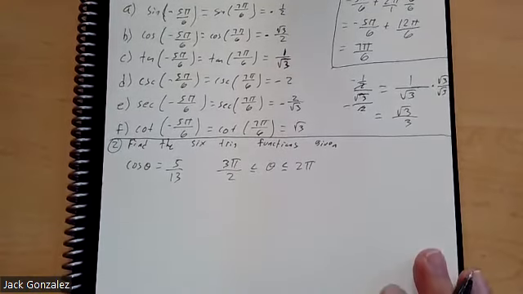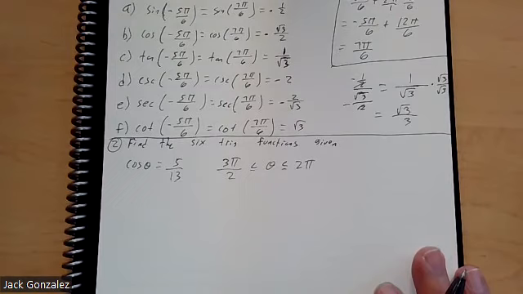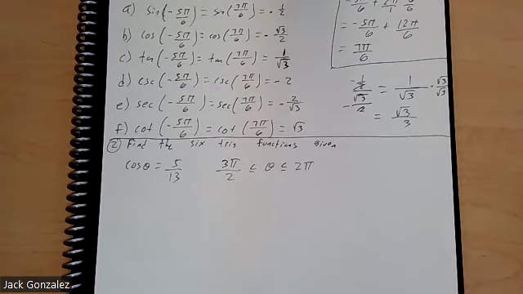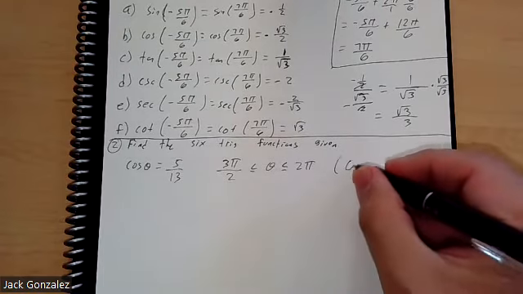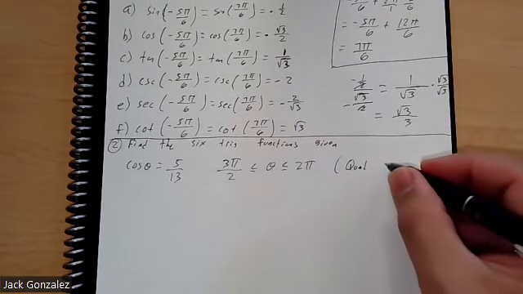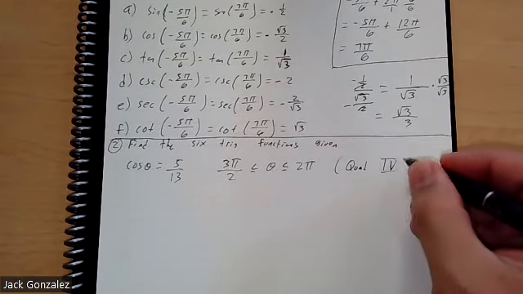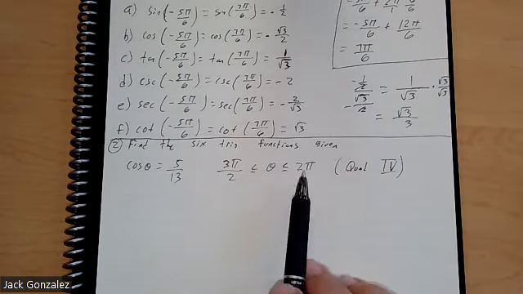Which quadrant would that be? Yeah, this is the 4th quadrant, right? So between here and here, that's quadrant 4.